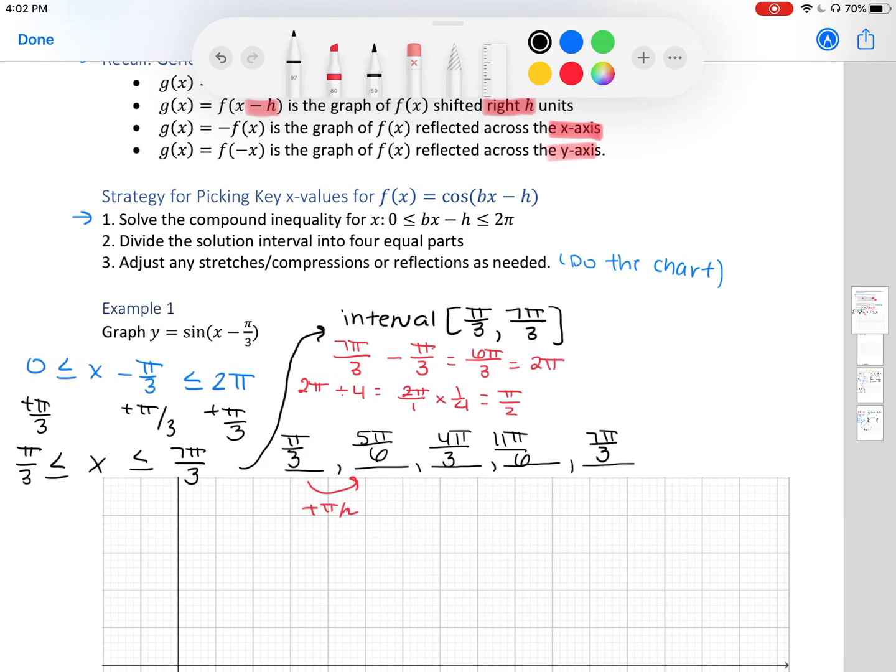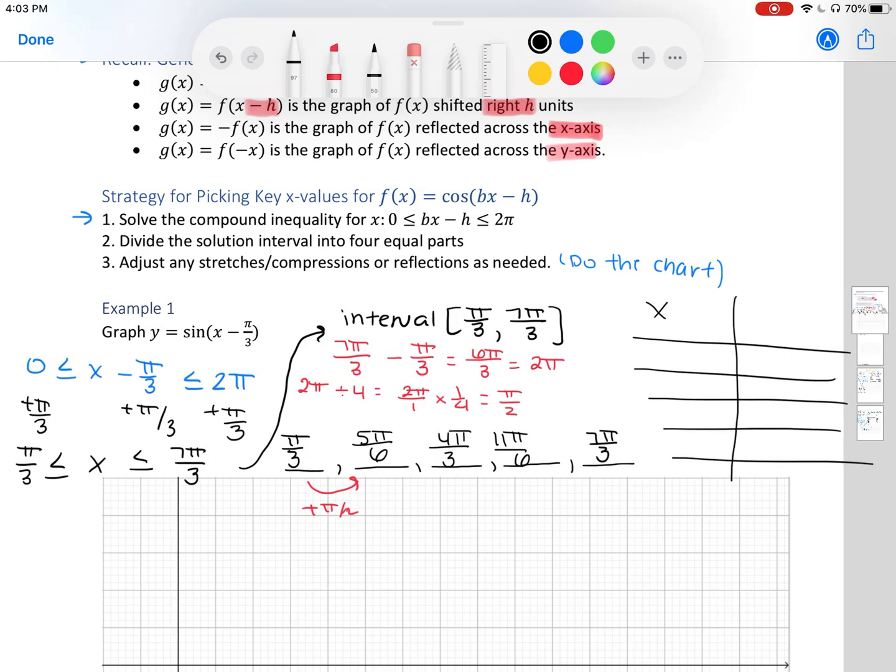We can do a chart. So we start with pi over 3, then we have 5 pi over 6, 4 pi over 3, 11 pi over 6, and 7 pi over 3.